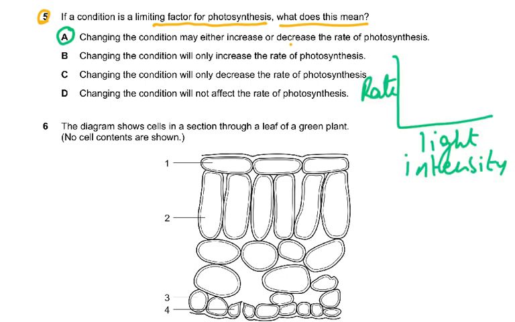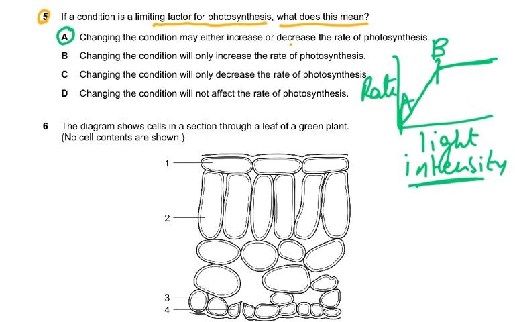Then if you look at the light intensity graph, the rate increases and then levels out. So light intensity would be the limiting factor from A to B, whatever is on the x-axis. And then it becomes constant, and then some other factor is limiting, like temperature or carbon dioxide concentration.